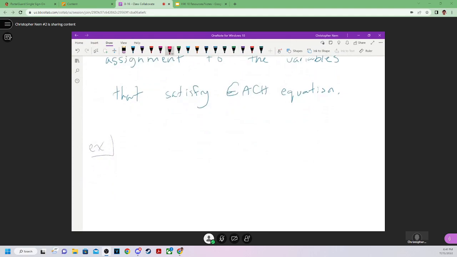So, an example might be the system 2x minus y equals 5, x plus 4y equals 7. Right here. This is a system. I'm going to call it system 1. I'm going to give it a name. So system 1 has exactly 2 equations and 2 variables.